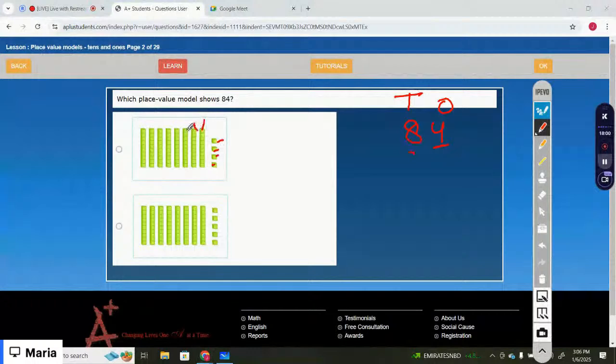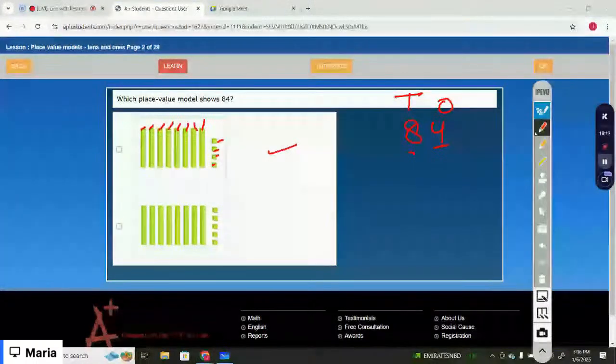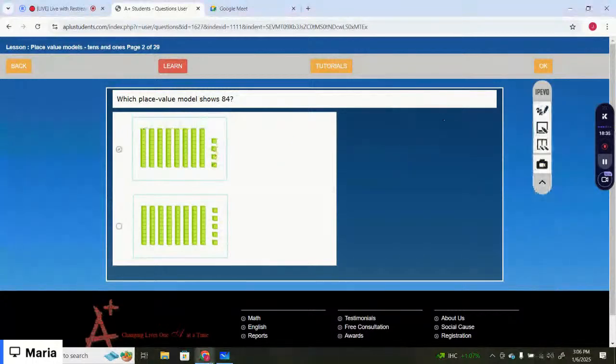You have one, two, three, four, five, six, seven, eight. So option number one is the correct option, isn't it? Option number one is the correct option. The model represents 84.